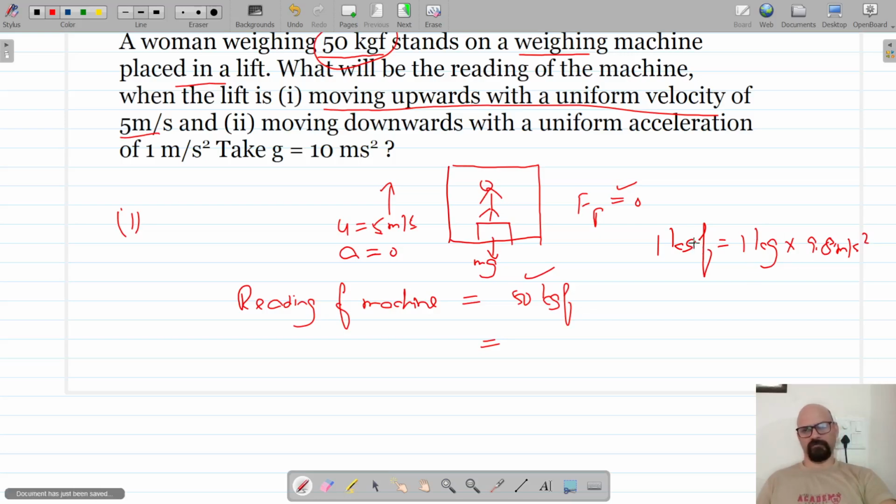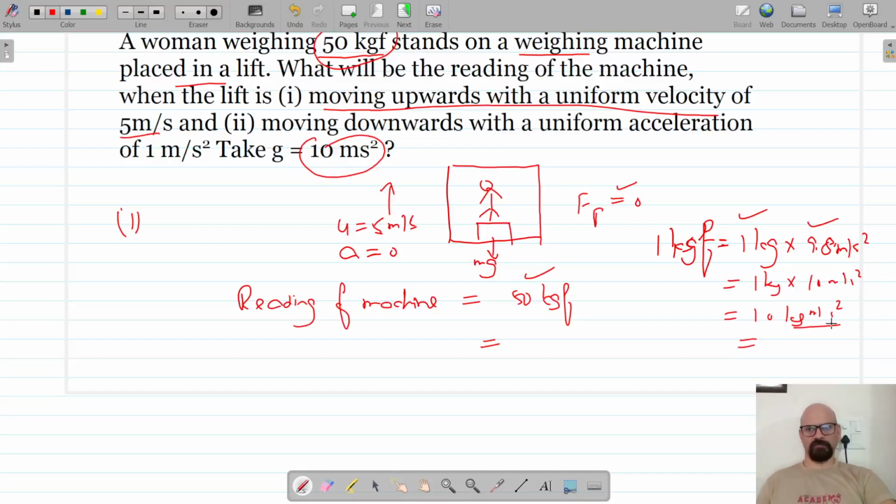A force is said to be 1 kgf when it produces an acceleration of 9.8 meter per second square on a body of mass 1 kg. In this case, we have to take g as 10. So that is 1 kg into 10 meter per second square, which is 10 kg meter per second square, and kg meter per second square is Newton, so this is 10 Newton.